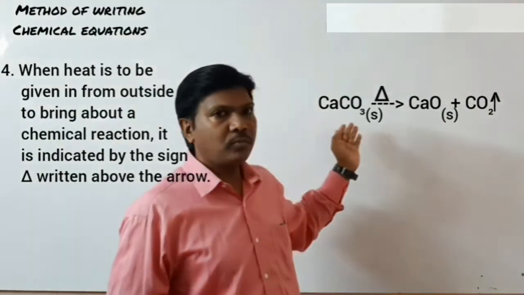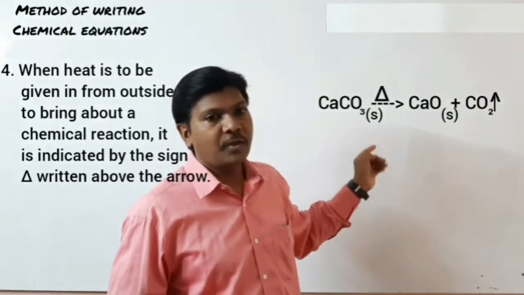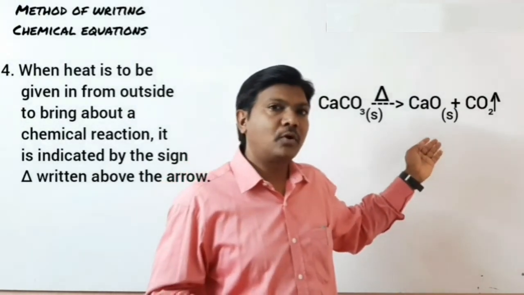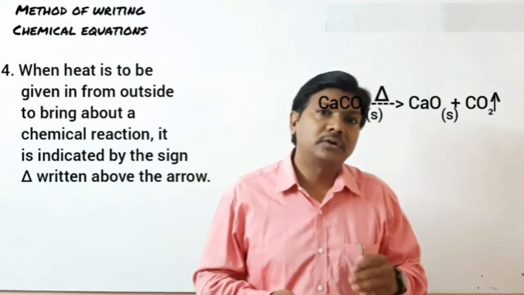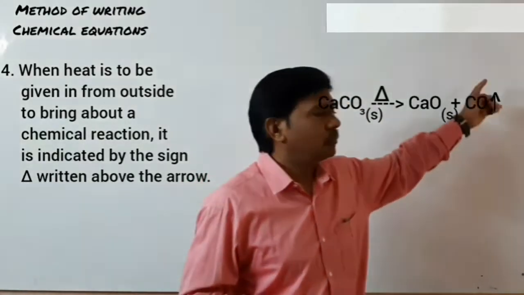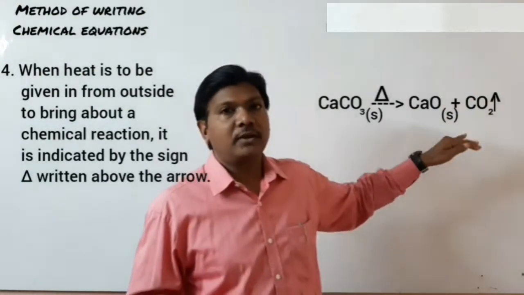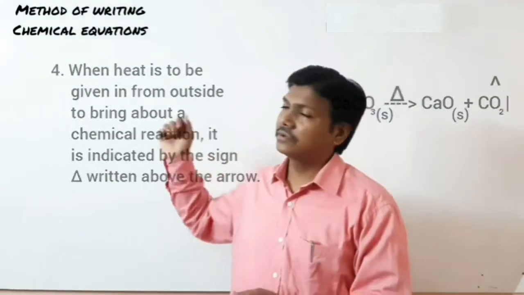Here calcium carbonate is in solid state, and calcium oxide is also in solid state, and the carbon dioxide is in gaseous state, so we give an arrow pointing upward, meaning carbon dioxide in gaseous state.